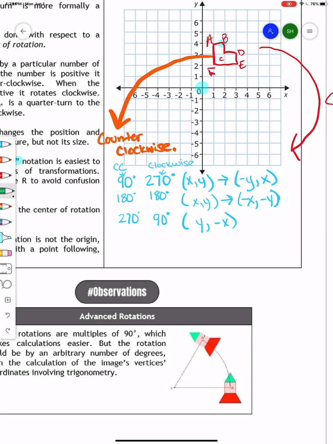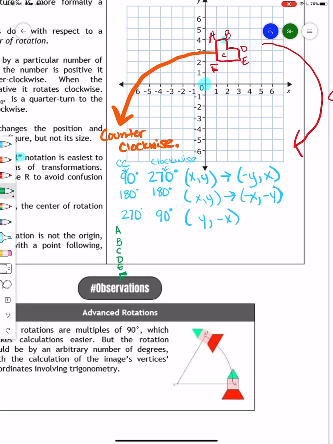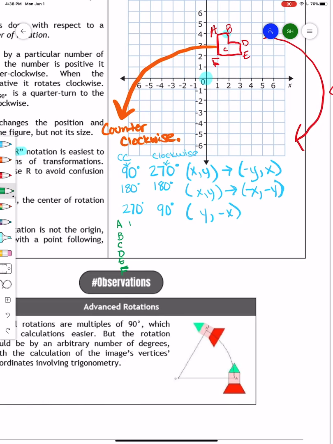Now, I have my A, my B, my C, my D, my E, and my F, okay? My A point is 1, 4. My B is 2, 4.